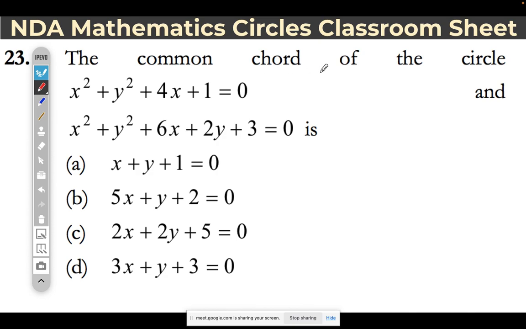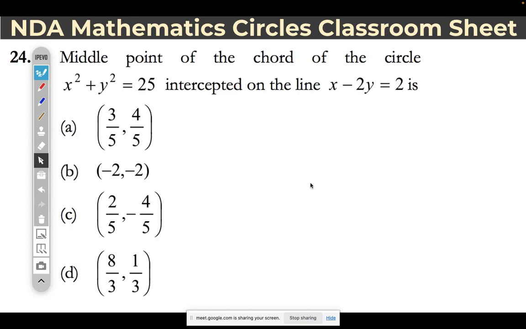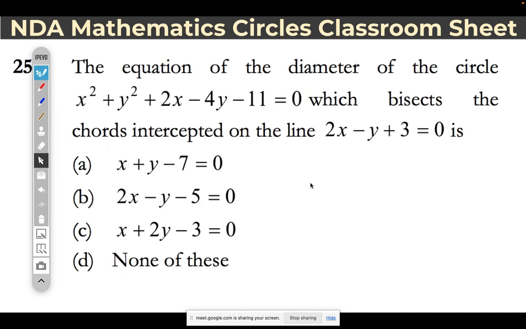Ah, the common chord. If done, then equation 1 equal to equation 2. First option, x plus y, coincidentally. Similar kind of question, right? Our answer was also coming this way when we solved it. Equation of the diameter of the circle. Solve this question.